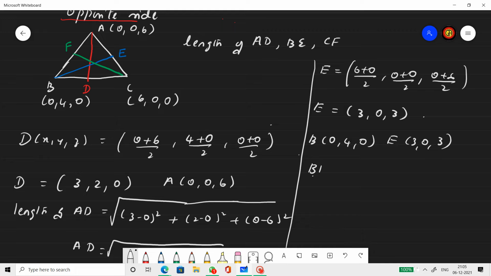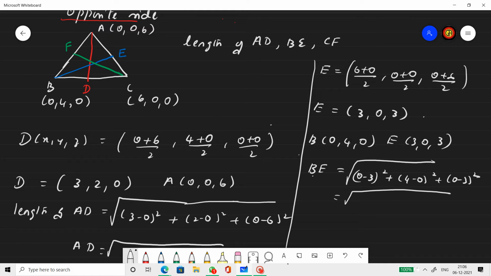So BE length will be root over (0 minus 3) the whole square plus (4 minus 0) the whole square plus (0 minus 3) the whole square. So which is root over 9 plus 16 plus 9.